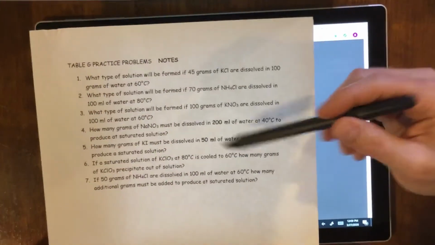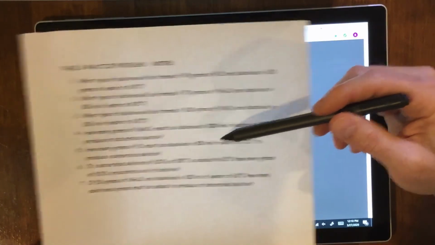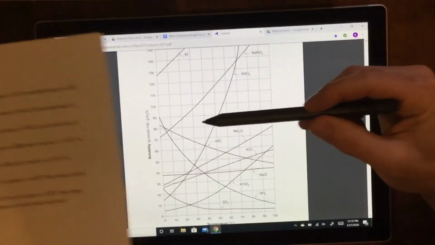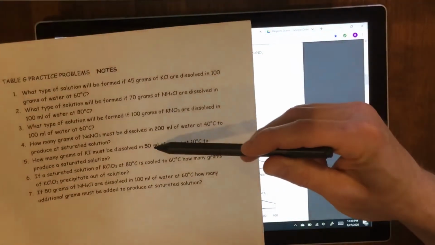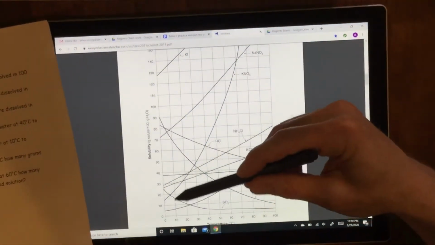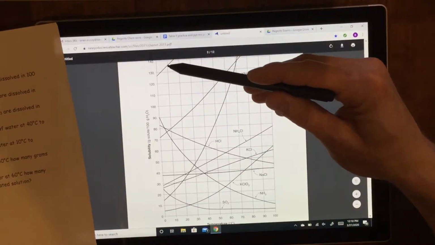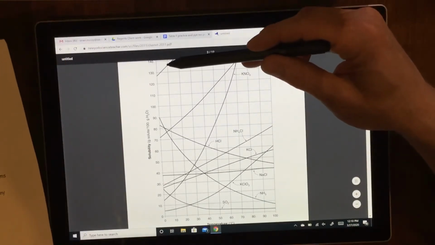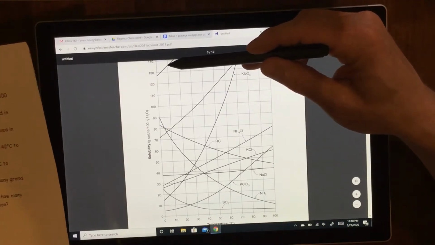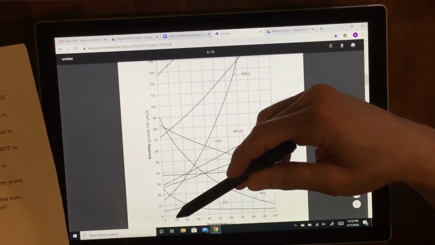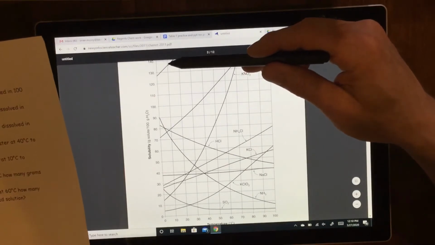Number 5, 50 milliliters of water. So this chart takes place at 100. So I'm going to look up 10 degrees for KI and then cut it in half, because 50 is half of 100. So 10 degrees KI, that's way up here. That's about 135, 136. Say 136. So 136 at 10 degrees is saturated, but that's for 100.